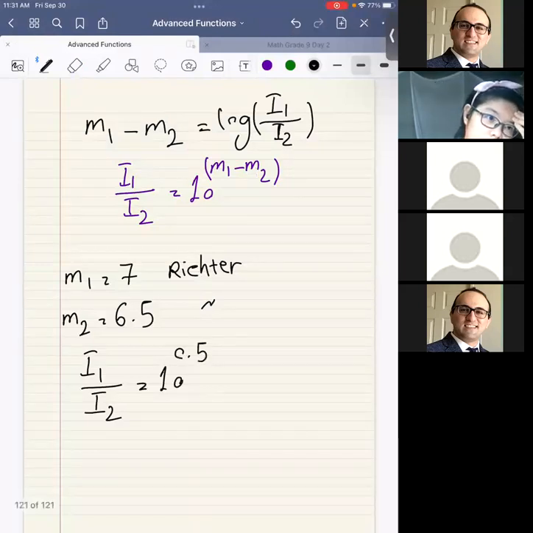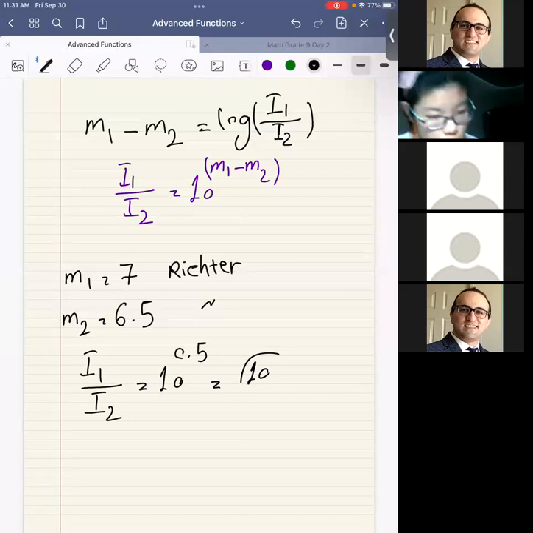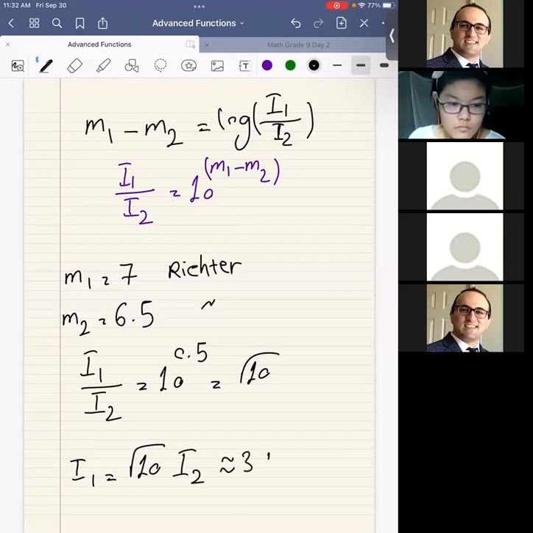That is the square root of 10. What is the square root of 10? Approximately 3 point something. That means one earthquake is about 3 times more intense than the other one. So I1 is equal to the square root of 10 times I2, like 3 times I2.